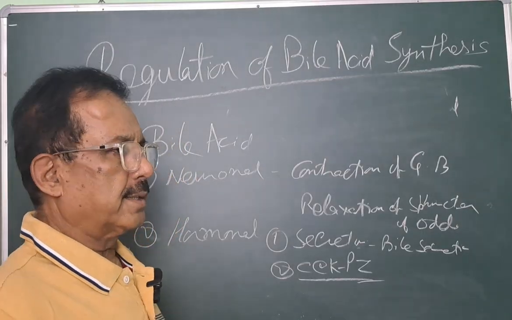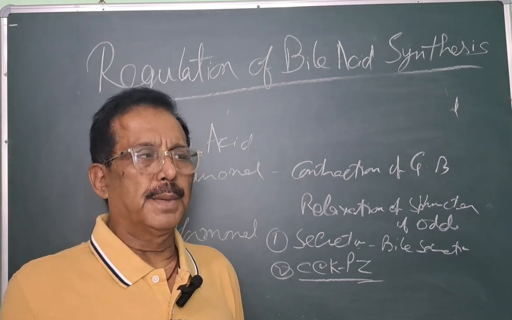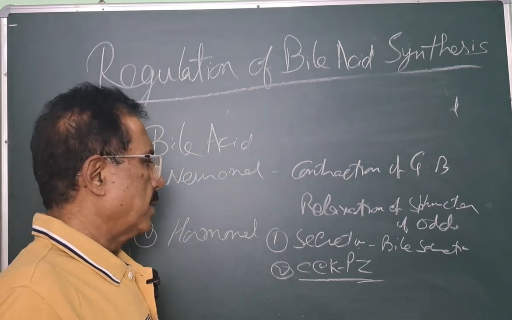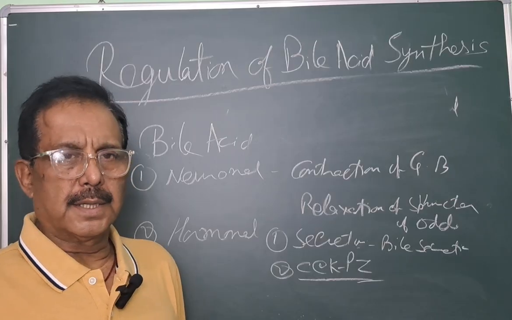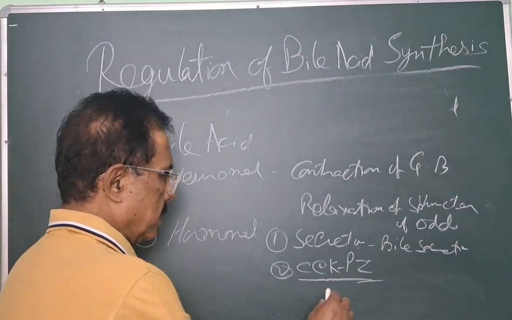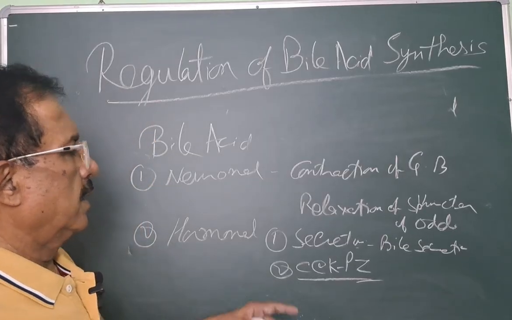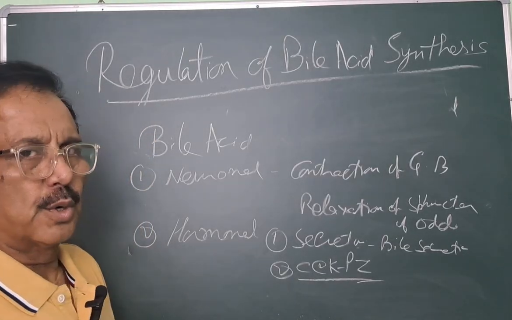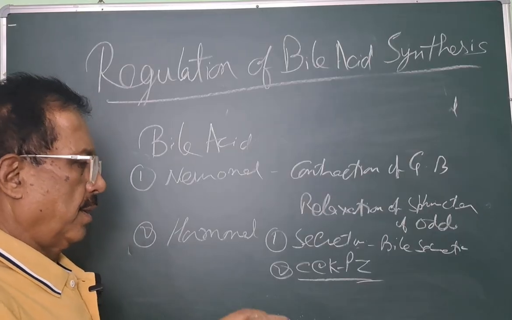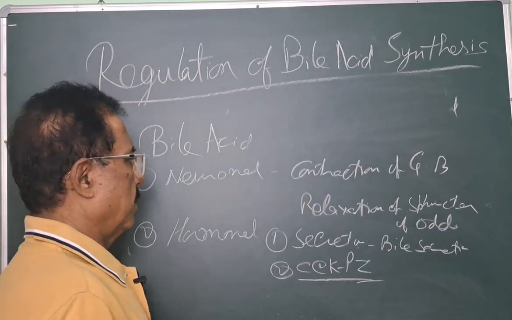Factors that stimulate CCK-PZ, cholecystokinin-pancreozymin hormone, are fat or protein end products of digestion. When it is stimulated, it causes contraction of the gallbladder and relaxation of the sphincter of Oddi so that stored bile comes into the duodenum.